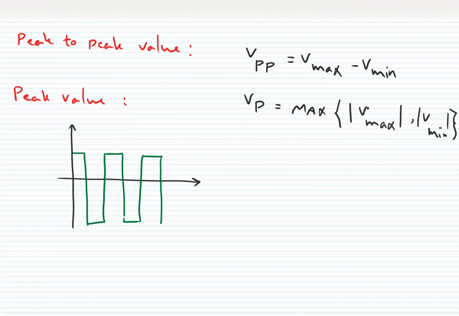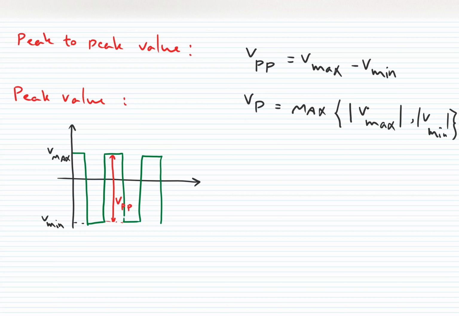And the maximum value of the signal is here, V max. The minimum is here, V min. So V peak to peak is the difference between V max and V min. From V max to V min, we call it V peak to peak.